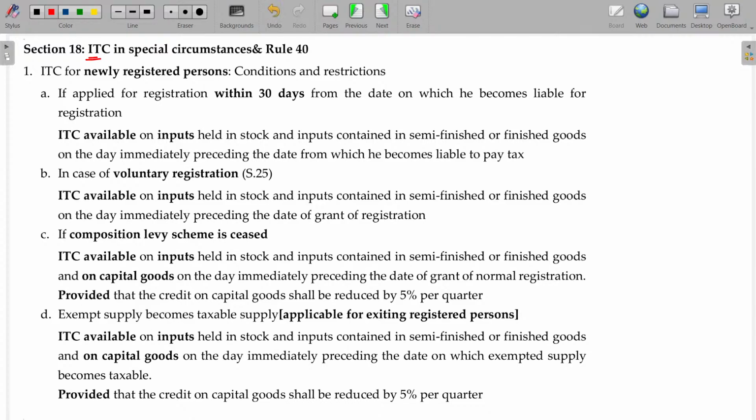ITC in special circumstances, newly registered person. Already we covered this. What's that? If the person applies for registration within the date specified in section 25, that is, within 30 days from the date liable for registration, the effective date of registration could be the date liable for registration.